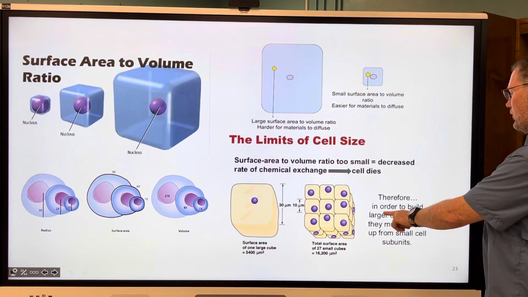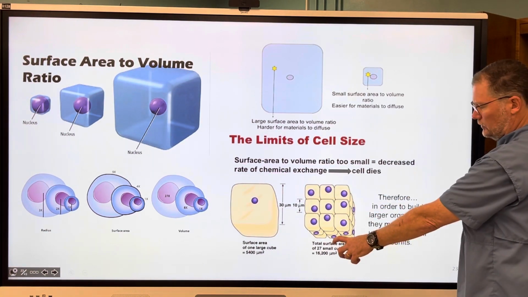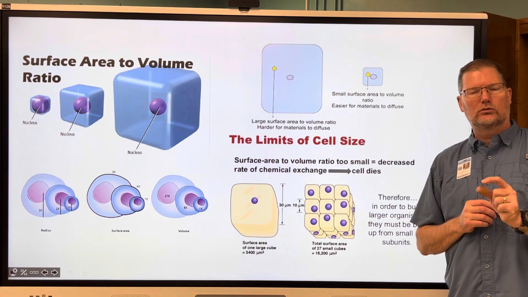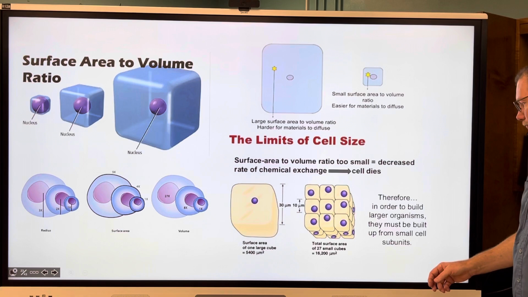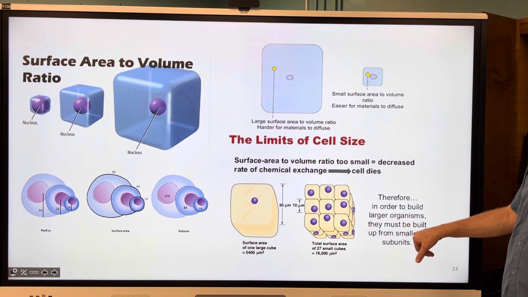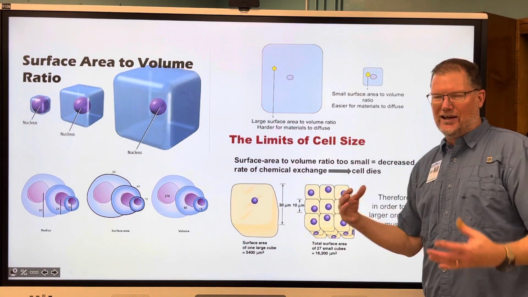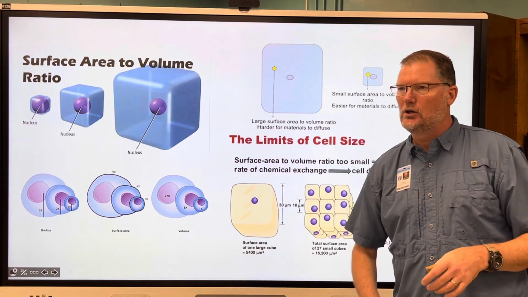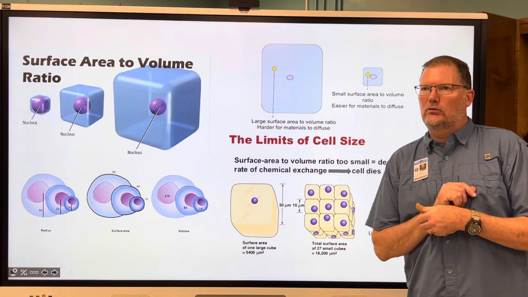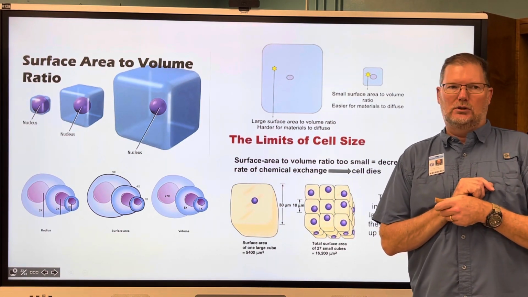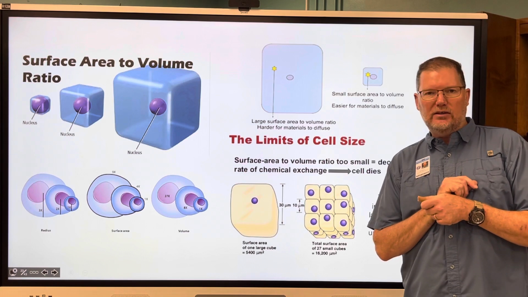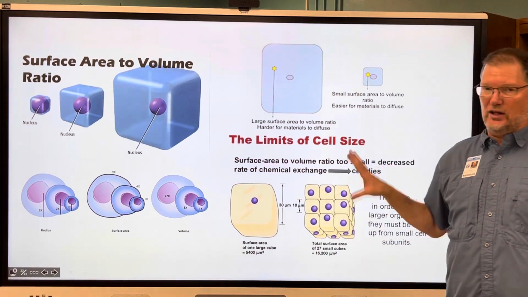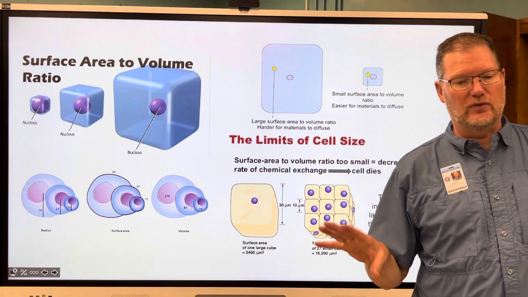But if you multiply your cells, then you have a larger surface area to volume ratio, and so it'll be easier to get materials from outside into those individual cells than it would be with one big cell. And this also is the reason why we don't have ants and bees the size of your table walking around in the world. It has to do with this, surface area to volume ratio.